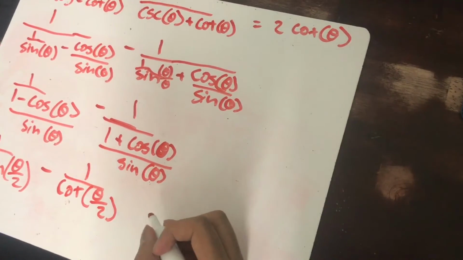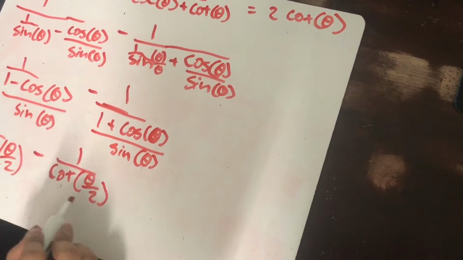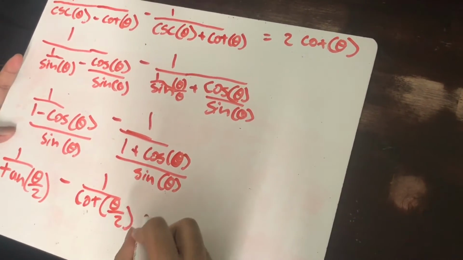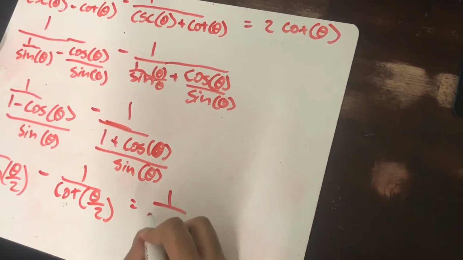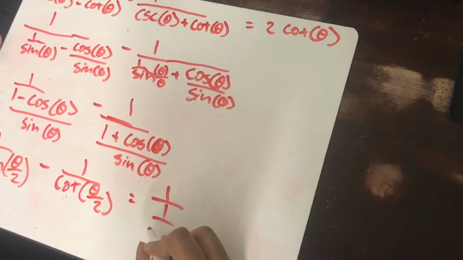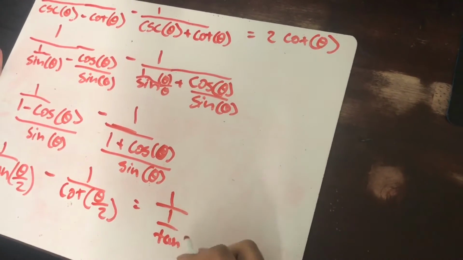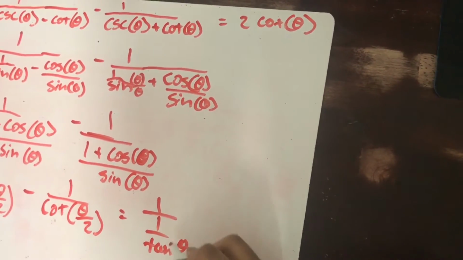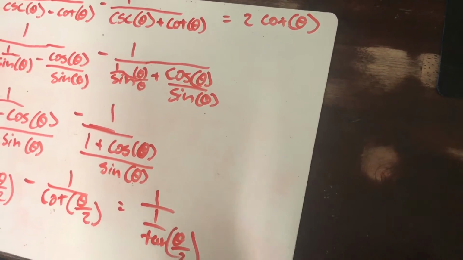And then we're going to turn the cotangent, because we're going to match it with tan. So we're going to turn this into 1 over tangent of theta over 2. Boom.